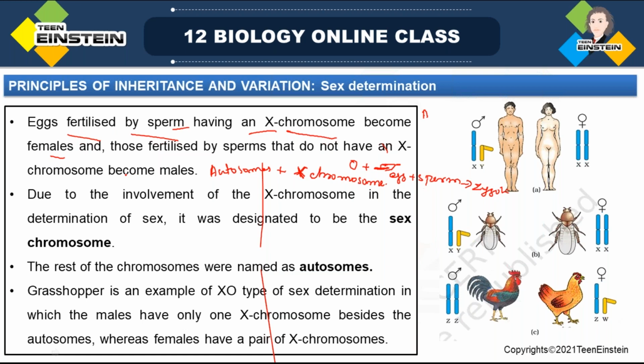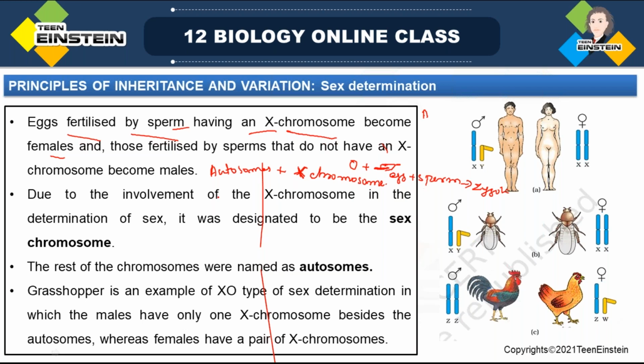Some sperm have the X chromosome and some don't. While fertilizing, if the sperm has an X chromosome, it forms a female, and if the fertilizing sperm doesn't have an X chromosome, that becomes male.